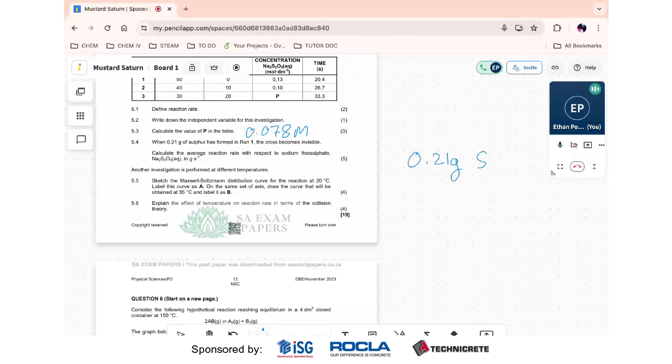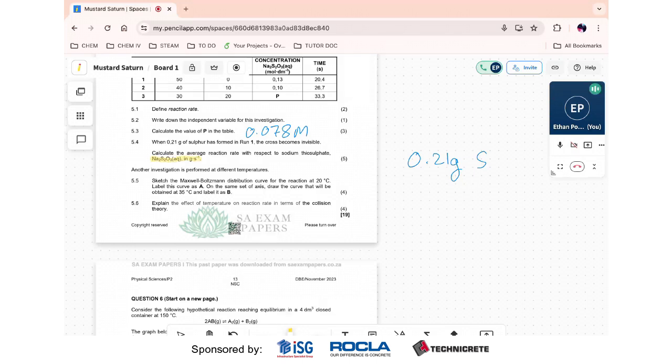Calculate the average reaction rate with respect to sodium thiosulfate. Okay, so it's telling us we need to calculate the reaction rate with respect to our reactant, not the product, and we need to calculate it in grams per second.